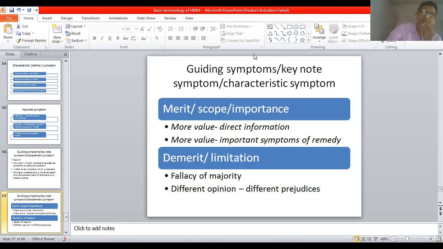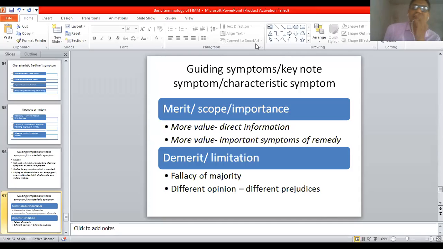It is just a number game, and this number game is not always true. It is only sometimes true. The real characteristic symptom may be hidden in a very rare symptom which has occurred in only 10 provers. So we should also develop the habit of referring to the pure materia medica.